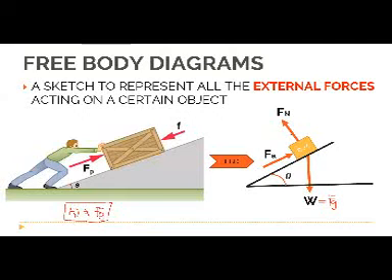Next, since there are two surfaces sliding against each other, the surface of the box and the surface where the box resides, there is also a frictional force acting on the box.